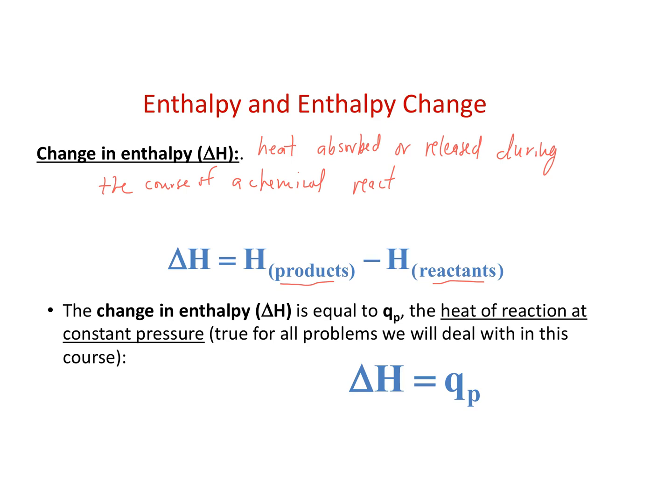So the change in enthalpy during the course of the reaction is equal to the enthalpy of the products minus the enthalpy of the reactants. And that's what we saw with the reaction coordinate diagram earlier. Here's the energy of my starting material, of my reactants. I go through that reaction, I absorb some energy. Here's the energy of my products. This would be my change in energy during the course of that reaction. That would be my change in enthalpy during the course of that reaction.